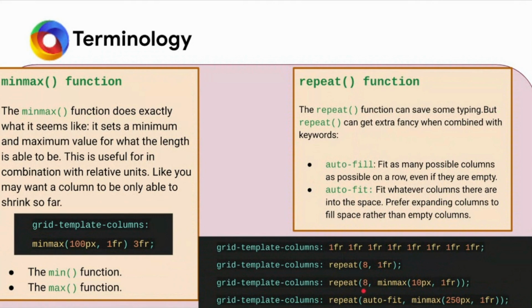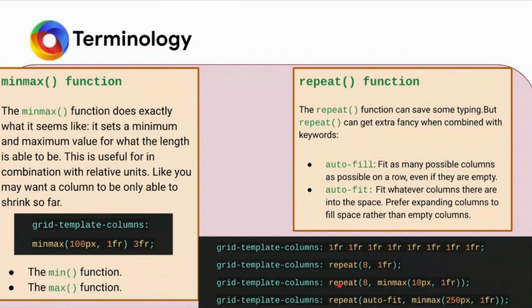Here we have specifically written 8. We can write auto-fit, and it will automatically fit in the best possible way. So this one, the fourth one which I have given, auto-fit, is the most widely used grid template. But in general, the last second one is also widely used.